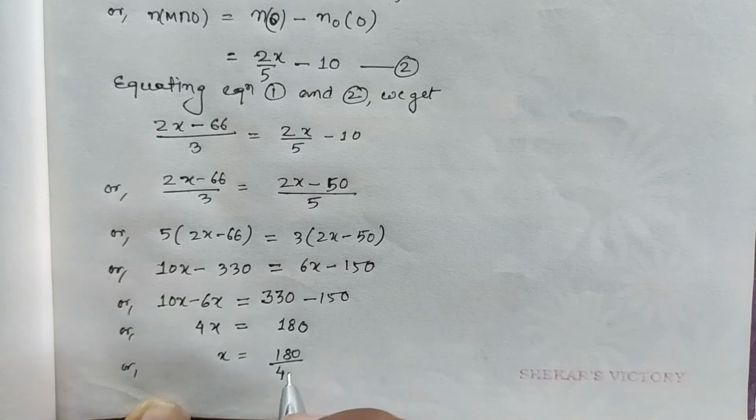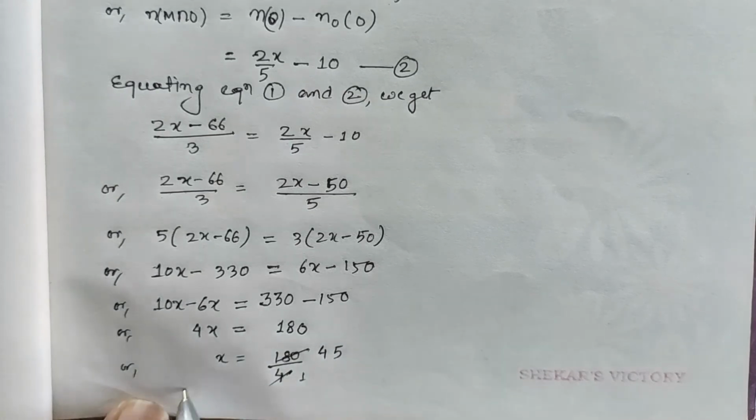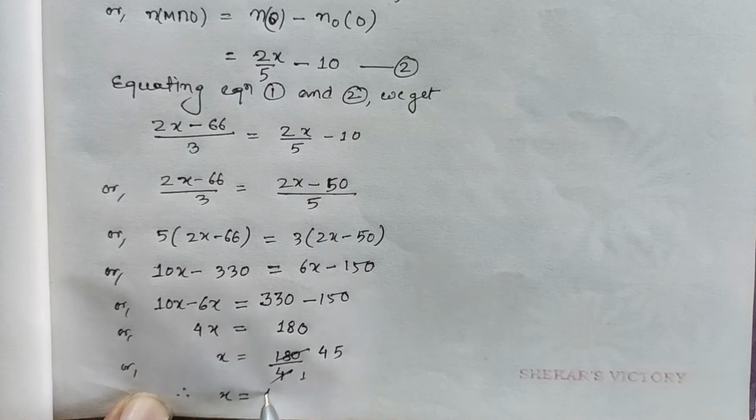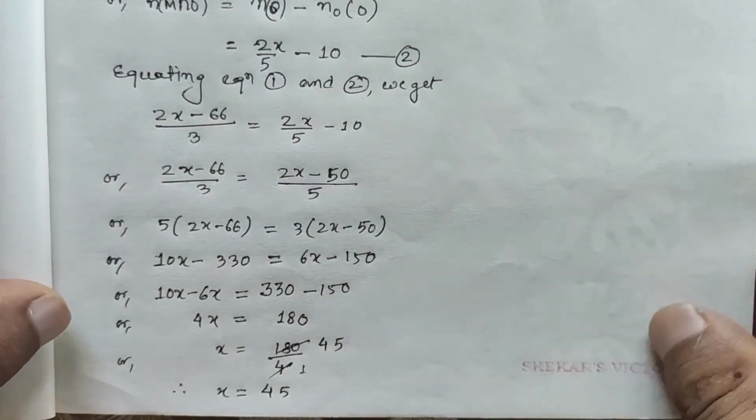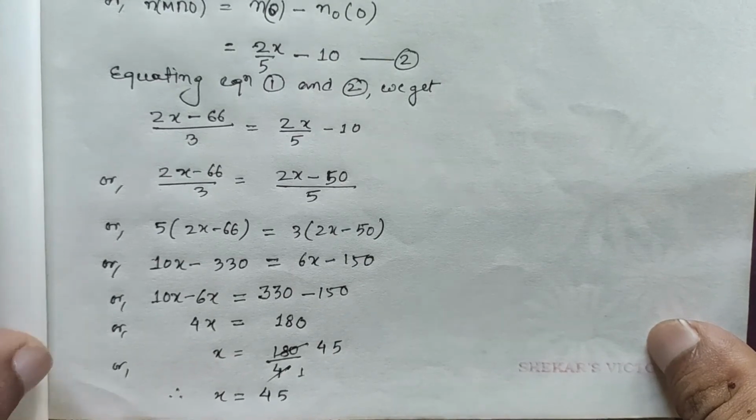So now cancel them. 4 times 1 is 4, 4 times 5 is 20. Therefore the value of x is 45. So we have found n(U). So x is the value of n(U).